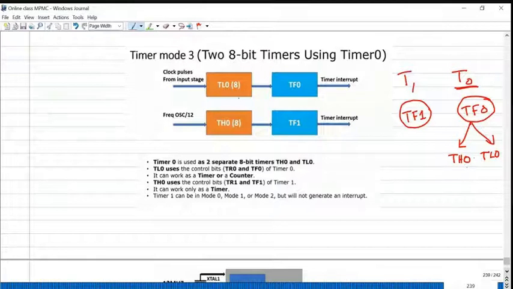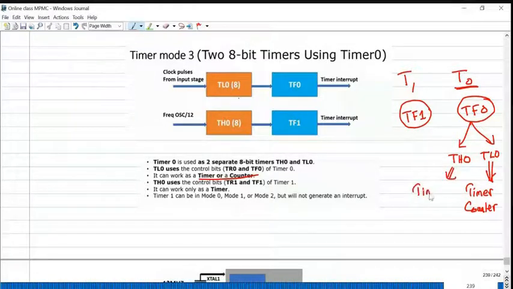TL0 and TH0. TL0 can be used as both timer as well as counter. TH0 acts only in timer mode.